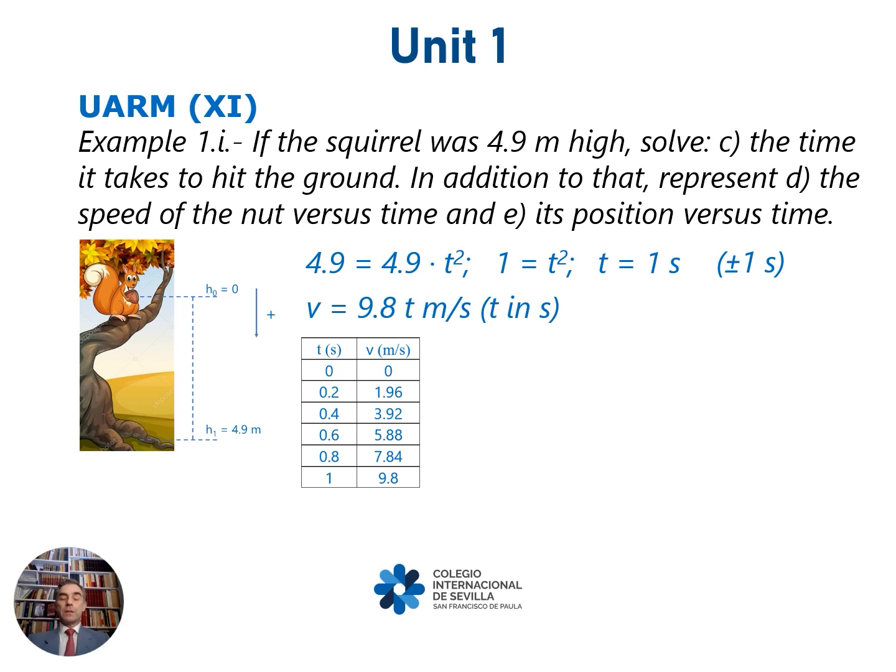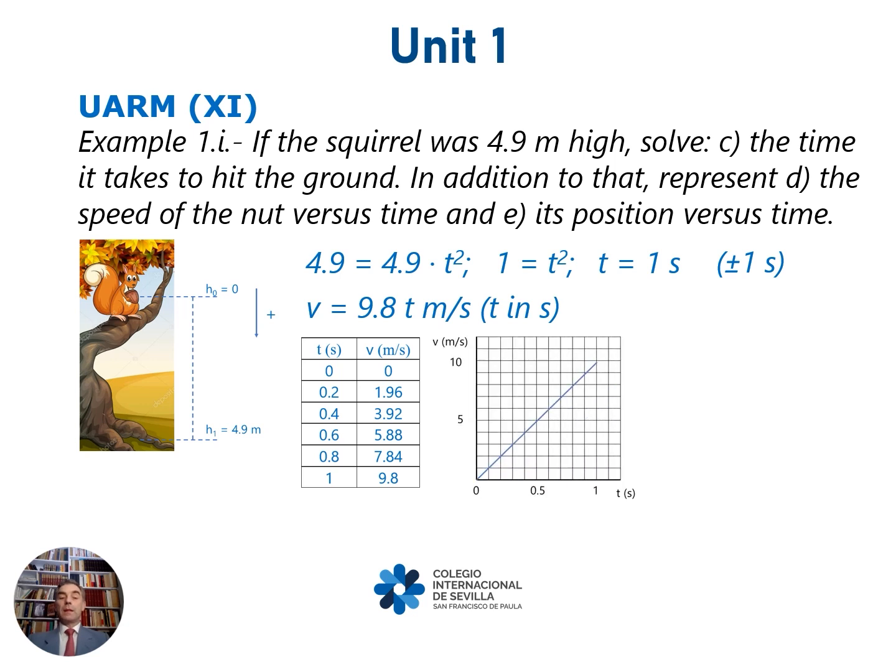When we represent speed versus time, we obtain a straight line, obviously, because the speed is changing at a constant rate. Therefore, the slope of the curve is constant and we have a straight line.